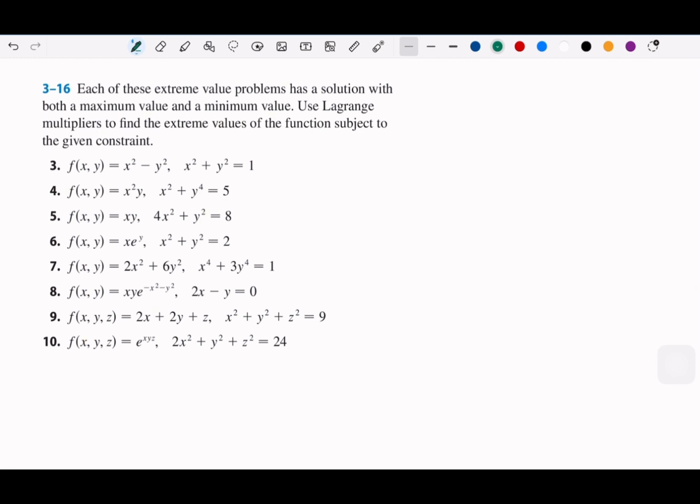Okay, so try number 7. So number 7, we have f equal to 2x squared plus 6y squared, and we have a constraint.